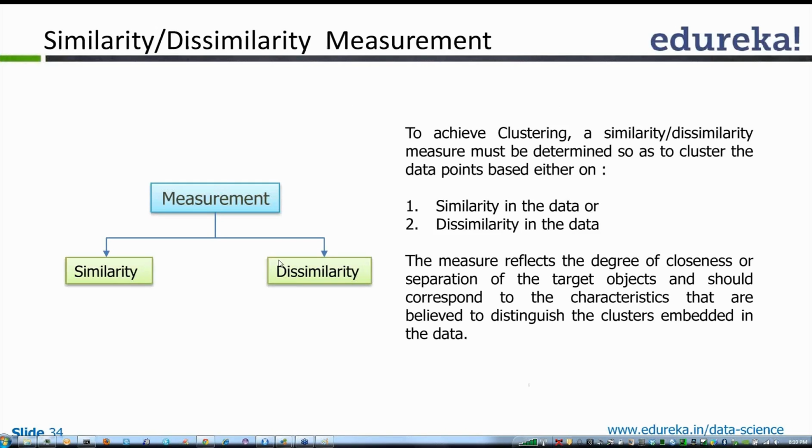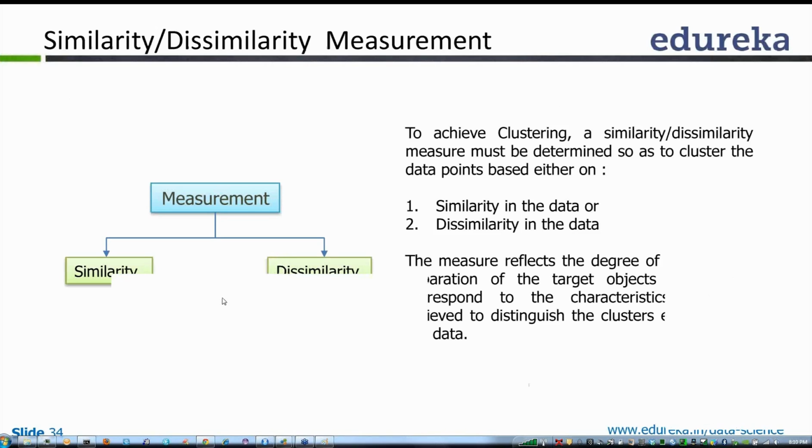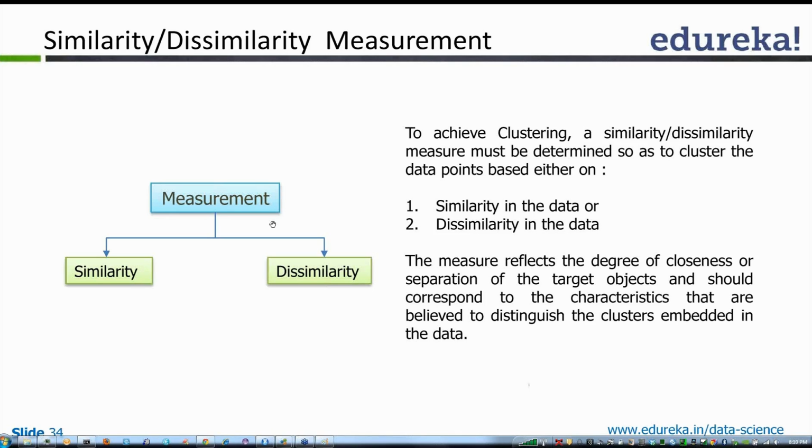And in a lot of cases, you don't even know what to use, so you just try a bunch of things and see which one gives you nice results. As we just said, similarity and distance are opposite to each other. Distance, also called dissimilarity, are two faces of the same coin.